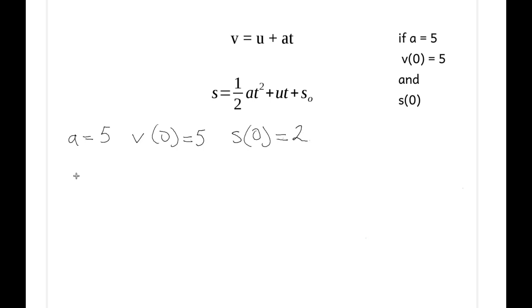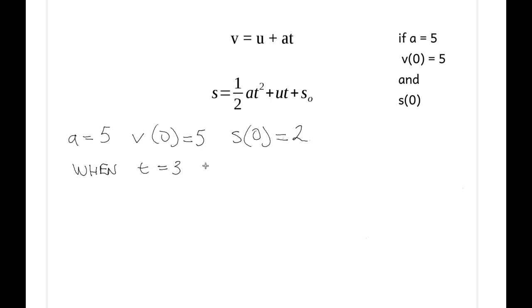Let's find V and S when we've got a t equal to, let's say, 3 and 7.